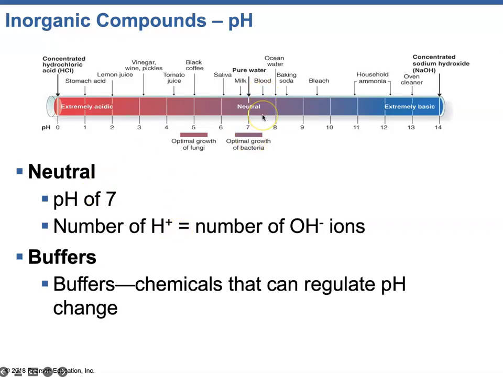Blood itself at neutral is not 7. Here's 7, right? That's perfectly neutral. Blood, like I said, is going to be over more toward the right, a little bit more basic at 7.35 to 7.45. Earlier, I talked about how we have these things that can accept protons, right? They're called bases.